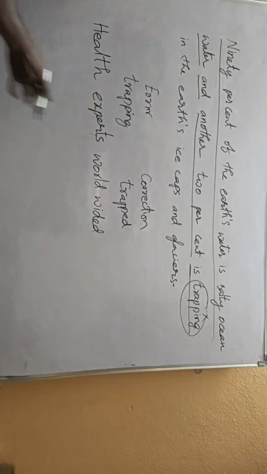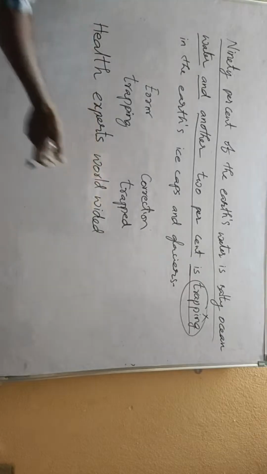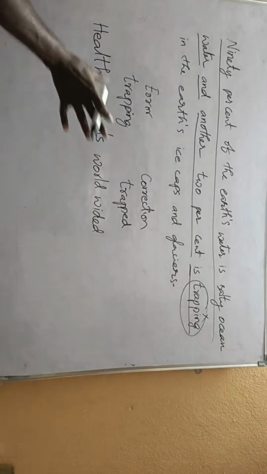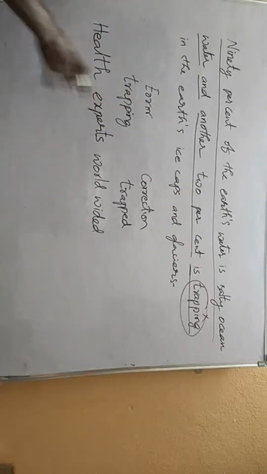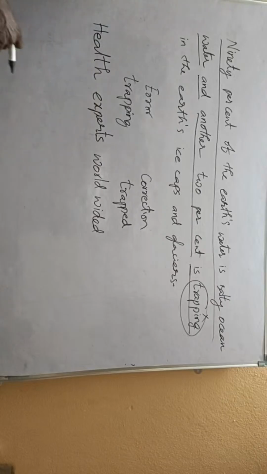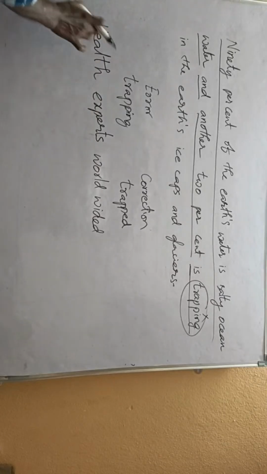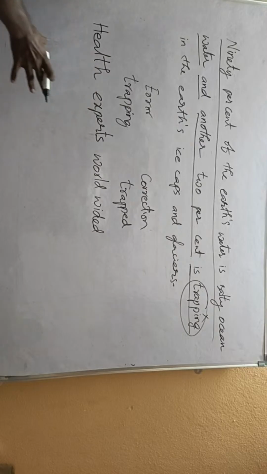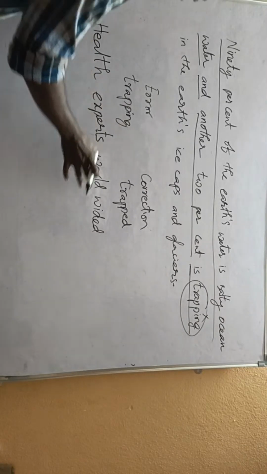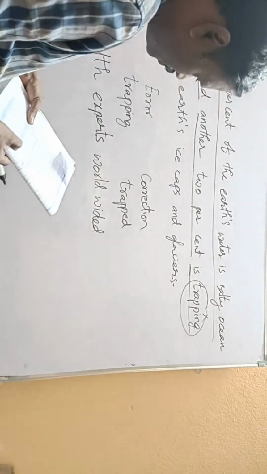That means health experts worldwide means nothing but worldwide health experts. But the correct usage is this. Generally, we use in our daily conversations worldwide health experts. But in a correct grammatical way, we have to write like this: health experts worldwide.